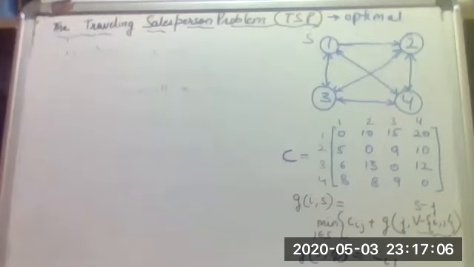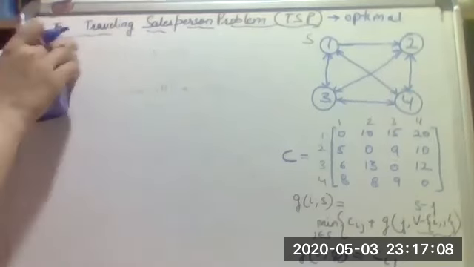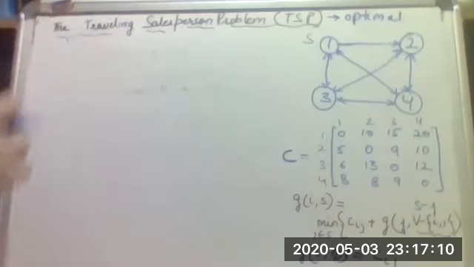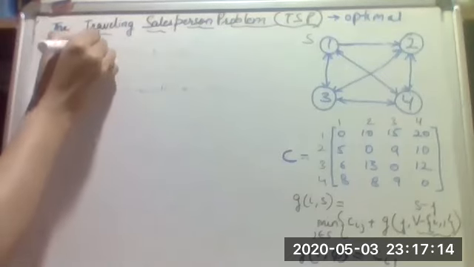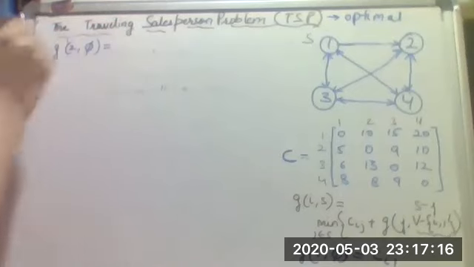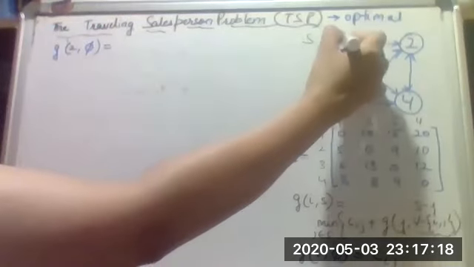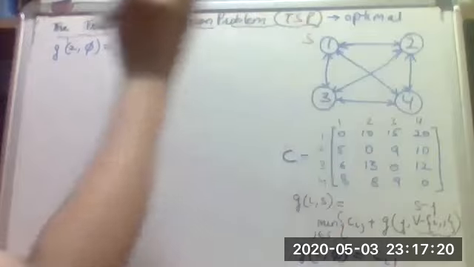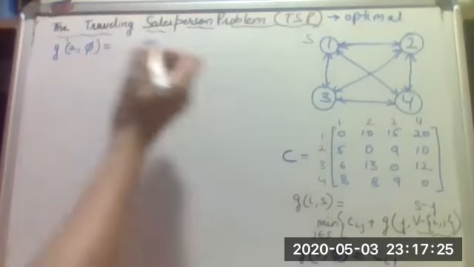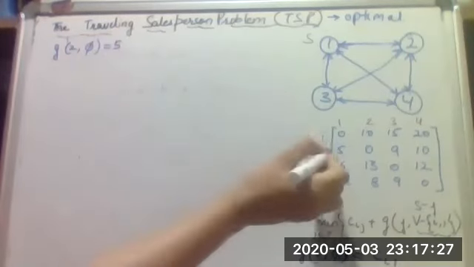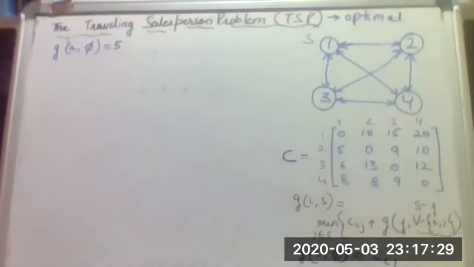Yes, so for this case, let's start with what will be the value of G2 and an empty set. That means we are going from 2 to 1 if 1 is our source vertex. So 2 to 1 is actually equal to 5 in our graph.